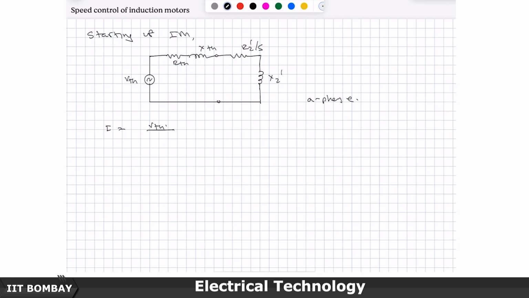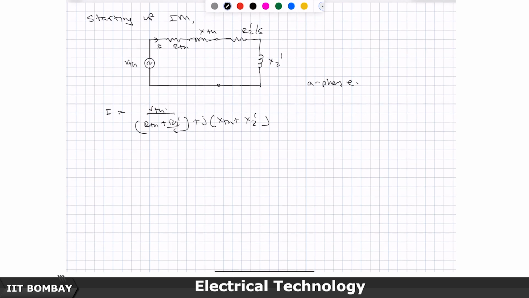So, the current in the A phase will be I equals V Thevenin divided by R Thevenin plus R2 by S plus J times, I am sorry, plus J times X Thevenin plus X2 dash.